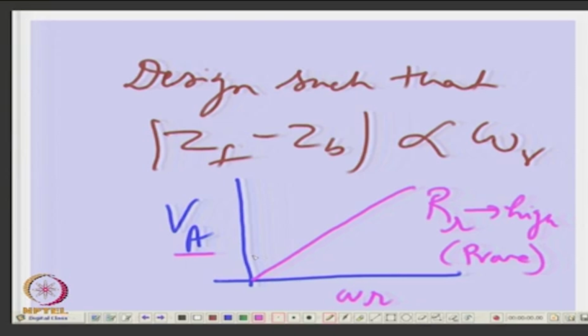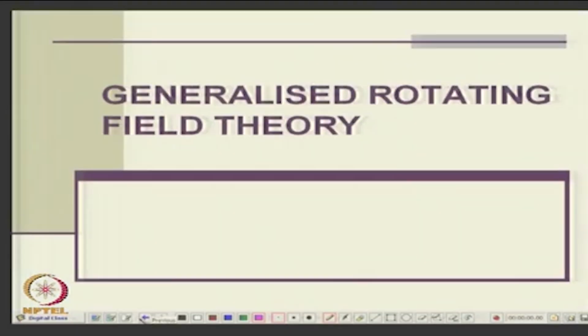So now you have a tool with which to estimate the performance of a two phase induction motor for different applications: capacitor motor, split phase motor, servo motor and tacho generator. Okay. These are typical cases that we will see.